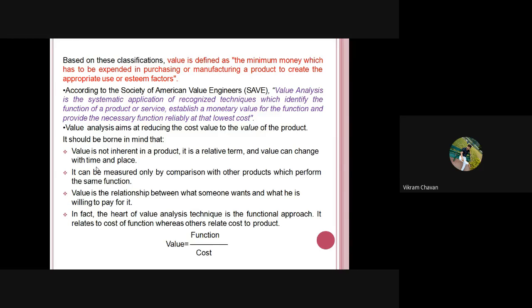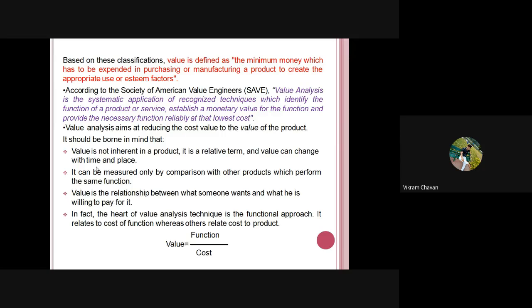Next point. In fact, the heart of value analysis technique is the functional approach. Full stop.